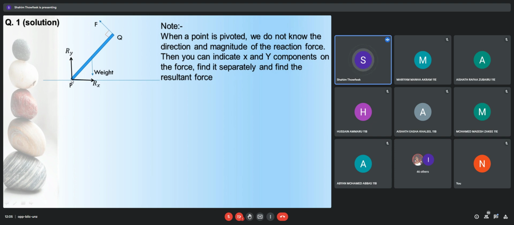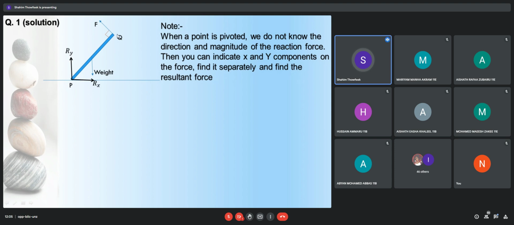Okay. Now you chose the point. Now see what the forces are from point P. Weight is acting in the clockwise direction, and force F is acting in the anti-clockwise direction, as moments about point P. Now for force F, it is acting perpendicular to the beam.